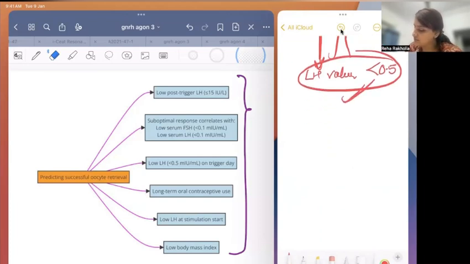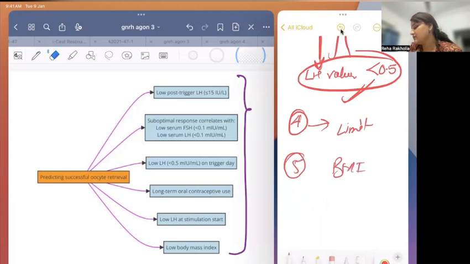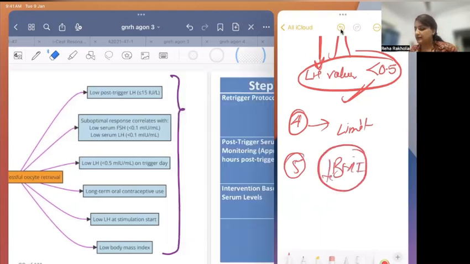Then long-term OCP use, which I have already covered in the limitations of the GnRH agonist trigger. Then low LH at the stimulation start and low BMI. With a very low BMI also, there is a chance of failure.